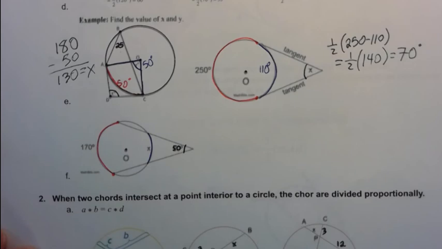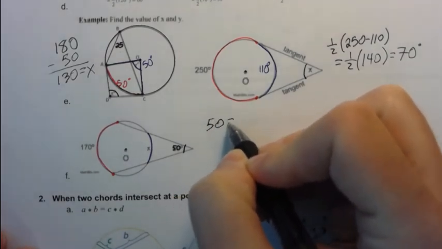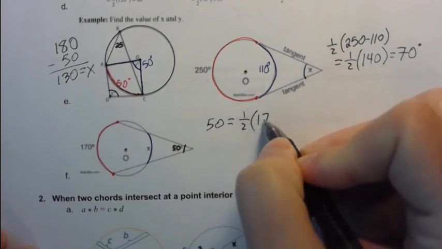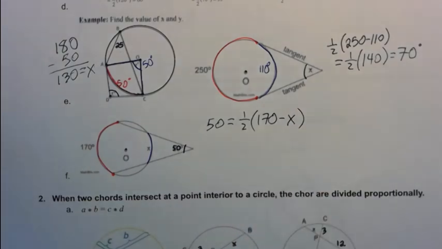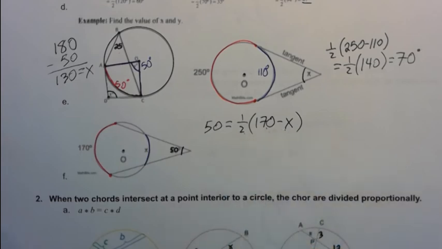So that work would look like we have an answer of 50 degrees, and that would be equal to 1/2 of 170 minus arc x. Because we're just using the formula, this would be the difference between the two arcs times 1/2 would be the angle. Well, now we just have the angle.